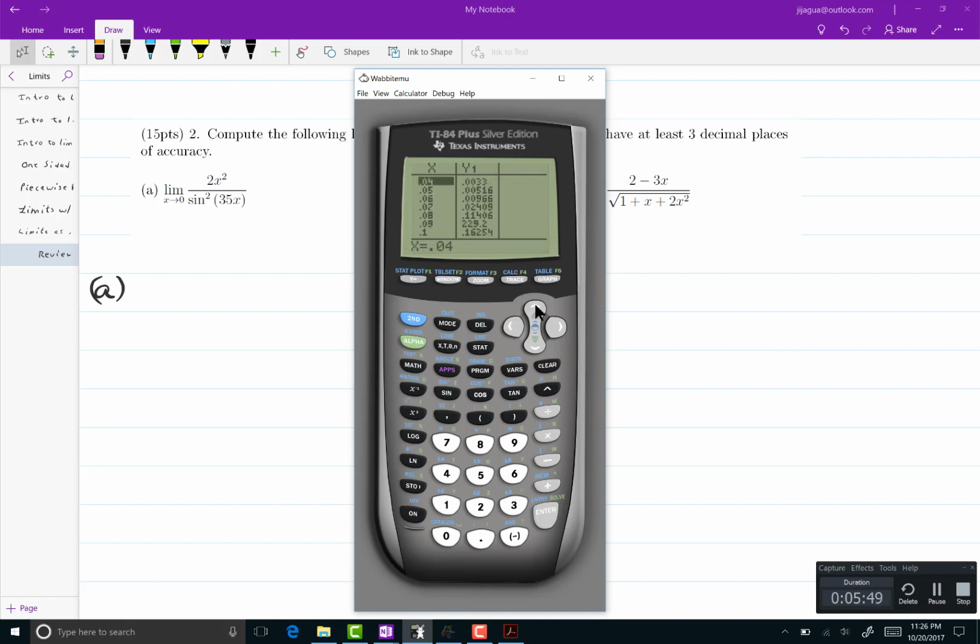If I go back, 0.04, 0.0033, 0.0239, 0.0193. They're kind of doing something, but there's an error at 0, of course. 0.0017. I don't feel comfortable about this level of accuracy. I'm going to squeeze a little more out of that table.